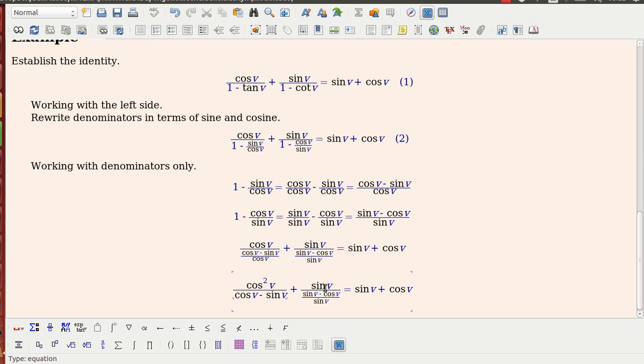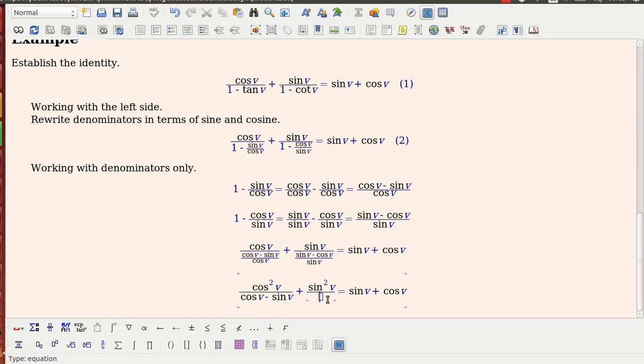In the same way, sine of b times sine of b, sine square of b, divided by sine of b minus cosine of b.